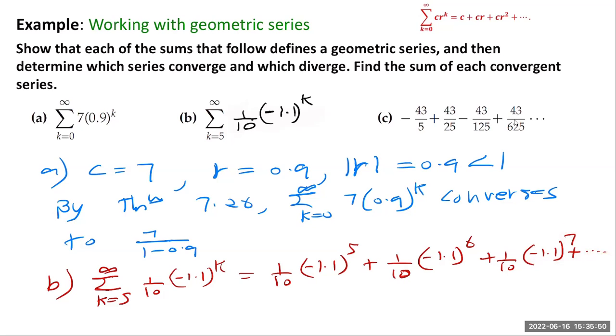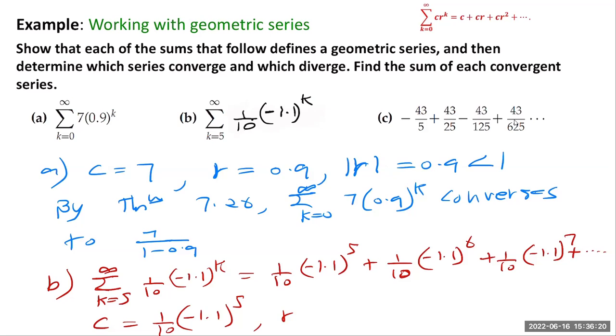This pattern continues. Now if you compare this expanded version of the series against this one, you can clearly identify your C to be this particular number. The value of C will be 1 over 10 times minus 1.1 to the power 5. And then can you identify your R? R is the constant multiplicative factor, right?